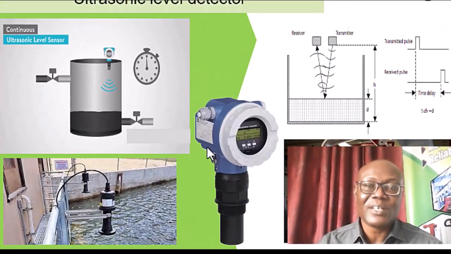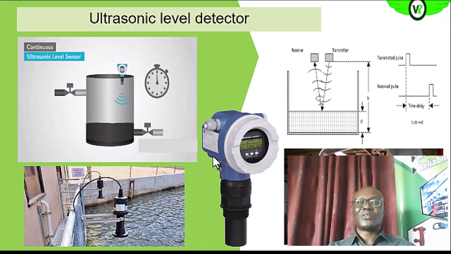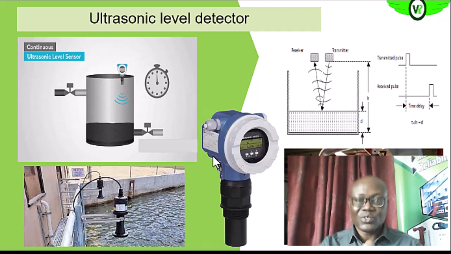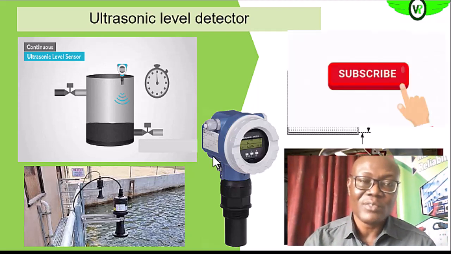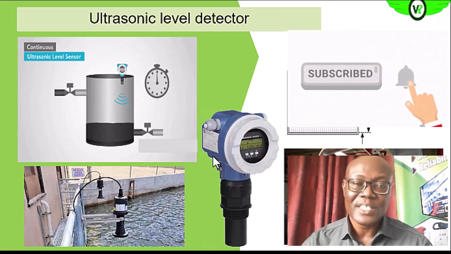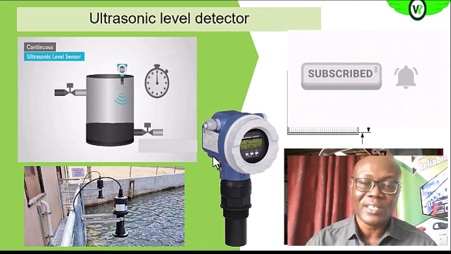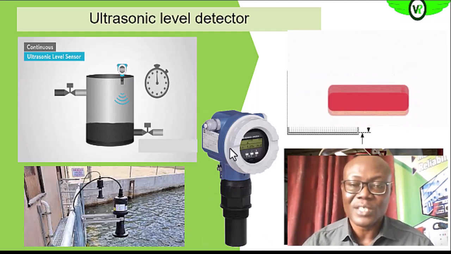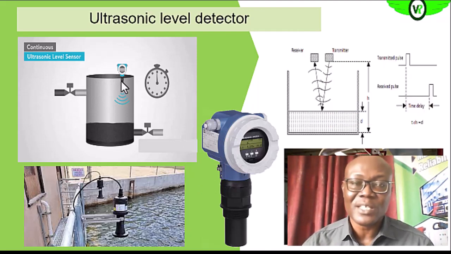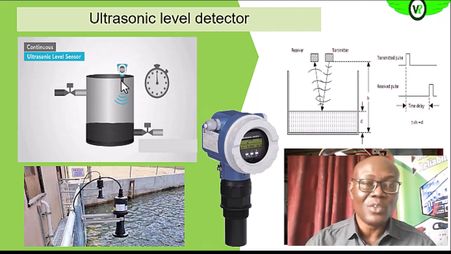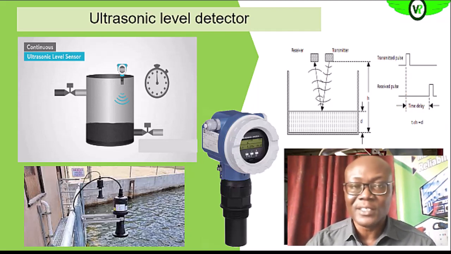So we also have other types of level sensor, which is the ultrasonic level detector. In the ultrasonic level detector, we have a transmitter and receiver in one detector. So an ultrasound is emitted. When we say ultrasound, we mean sound that is beyond the human hearing range.